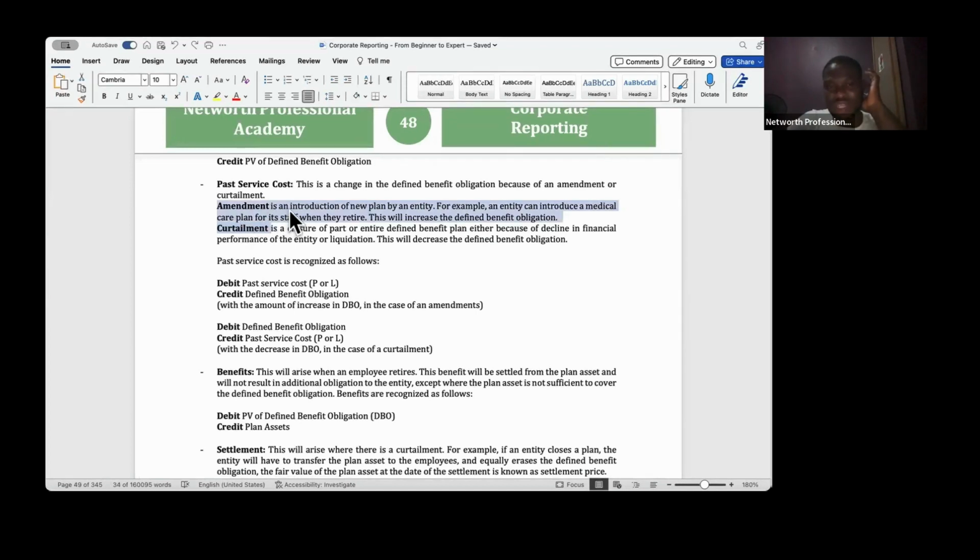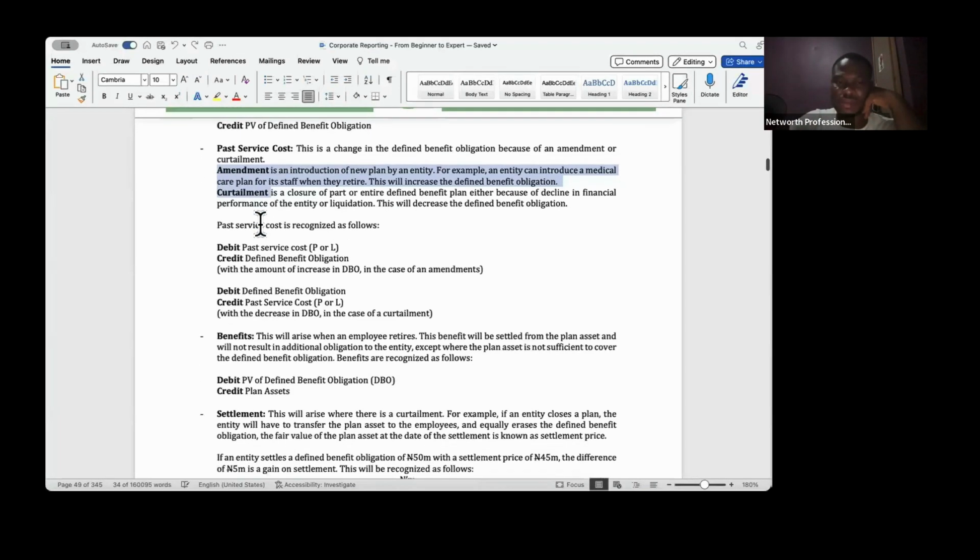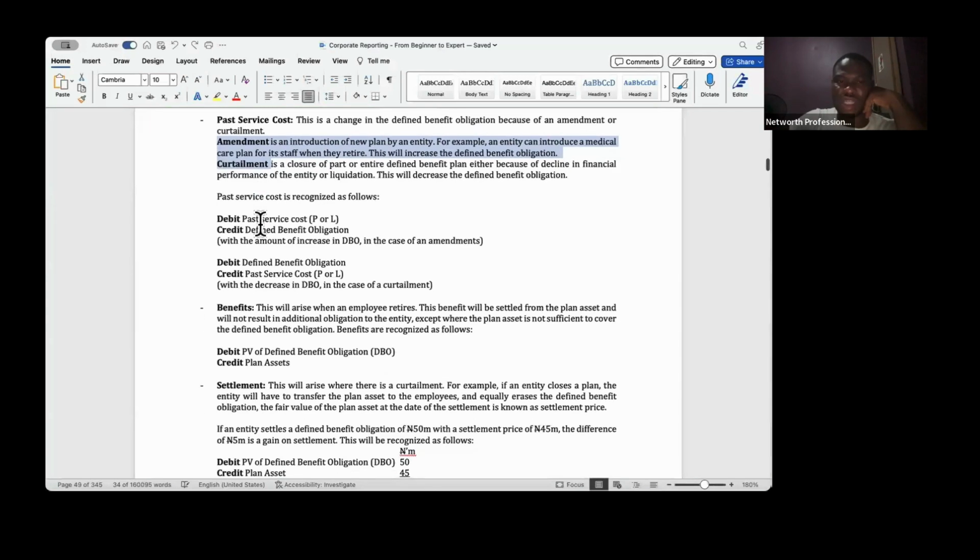So they will give you a scenario that the company introduced a Medicare plan and it resulted in a change in the obligation by 40 million. You just keep quiet and look at whether you treat that 40 million or not. So if they give us that amount, just take the past service cost to your P&L. The other one will increase your obligation, especially if it is an amendment.